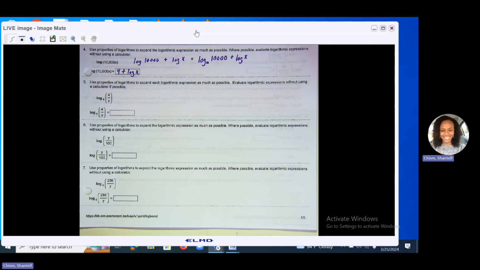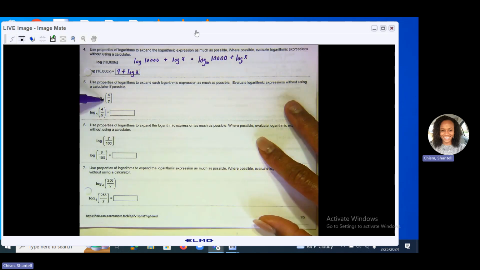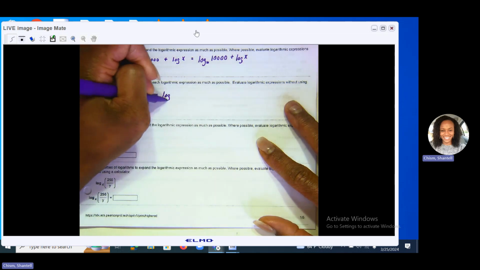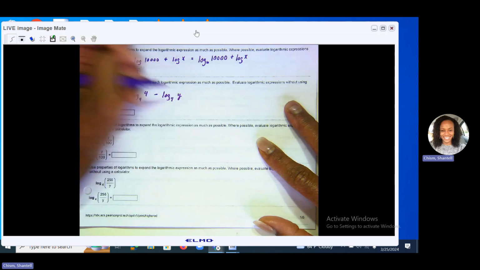It's a quotient, okay? It's a fraction, so we're applying the quotient rule. And when we apply the quotient rule to expand, that means we are changing a quotient to a difference of two logs. So this would be log base 4 of 4 over y. That would become log base 4 of 4 minus log base 4 of y.